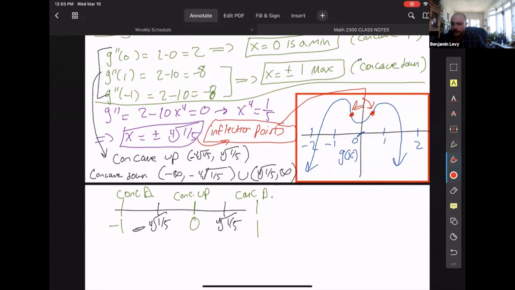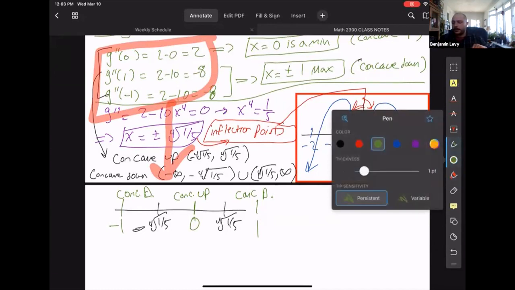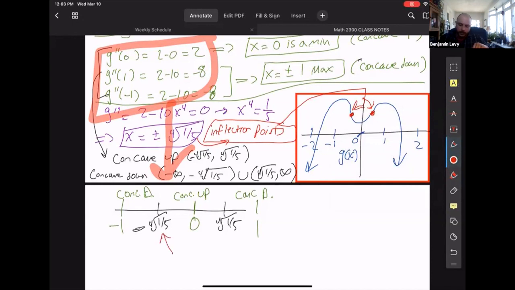I will erase this in a second, but I'm referring to this work right here. We had tested points around those critical points, and we knew the inflection points were at the middle. The roots are the inflection points.